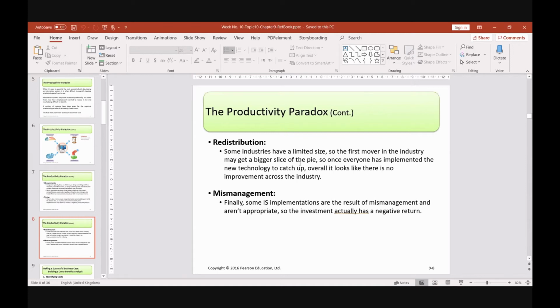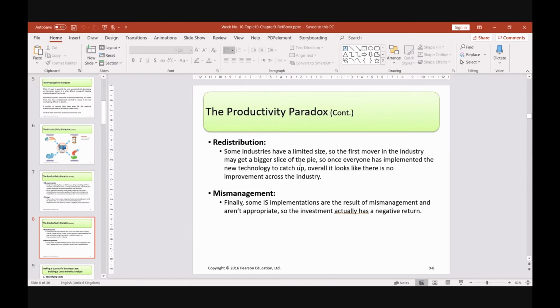Did you get this point, guys? Redistribution means everyone has implemented the new technology to catch up, so overall it looks like there is no improvement across the industry. You are redistributing the things.